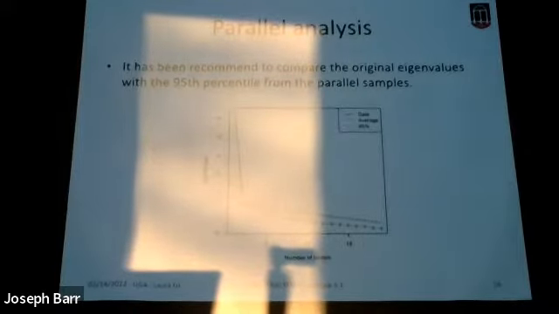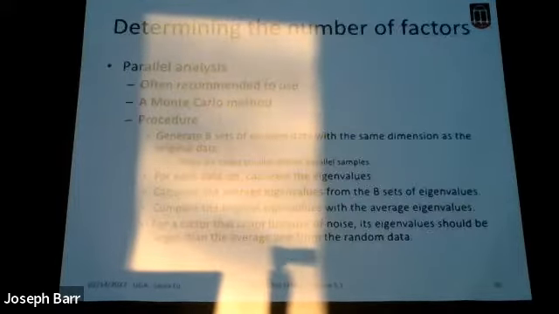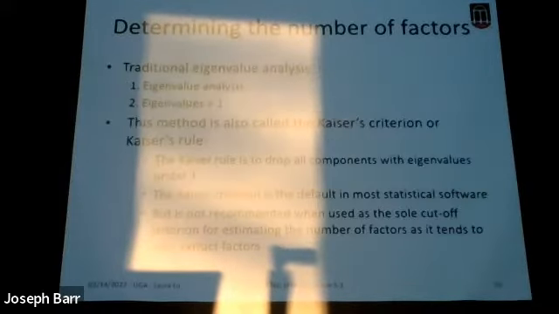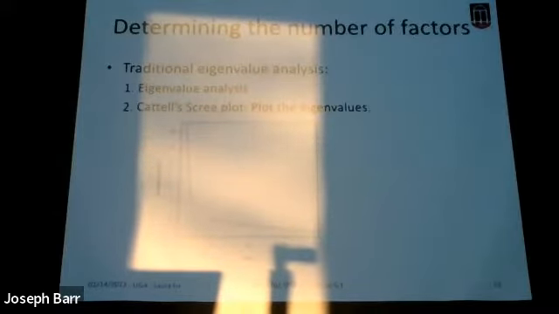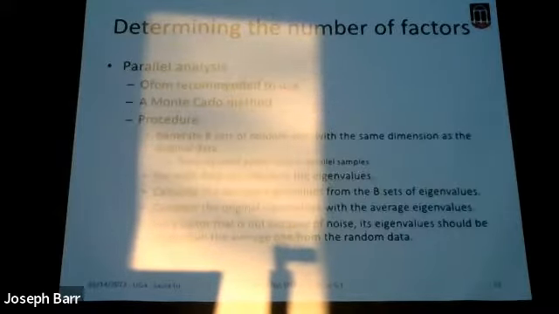Any question about the first step? You can just pick any of these methods. The most popular ones are to check the eigenvalues, the cumulative eigenvalues, the plot, and the parallel analysis.